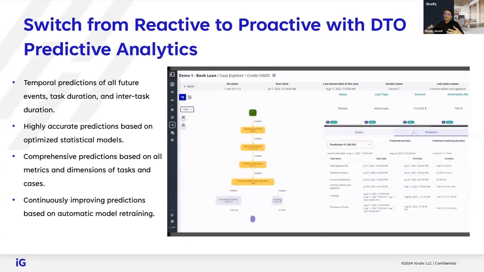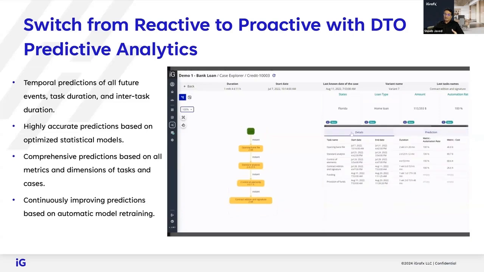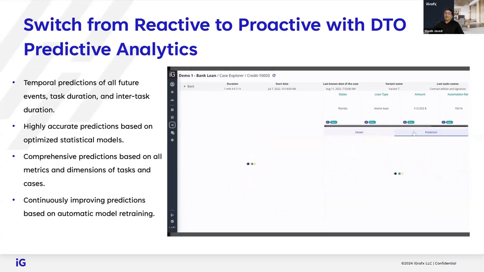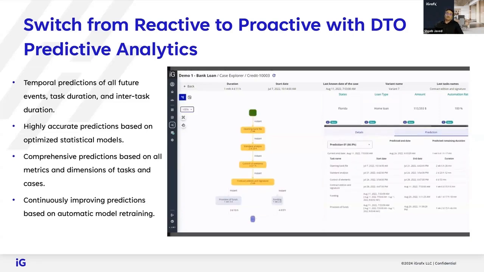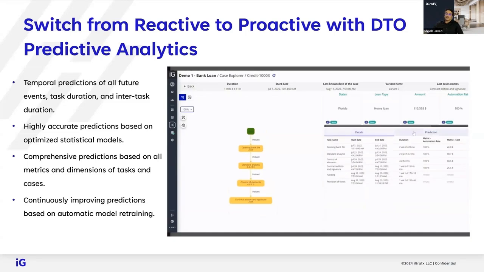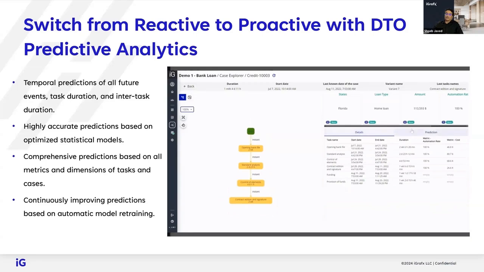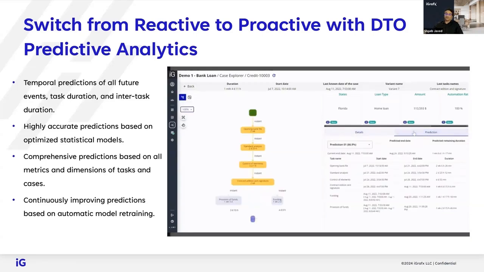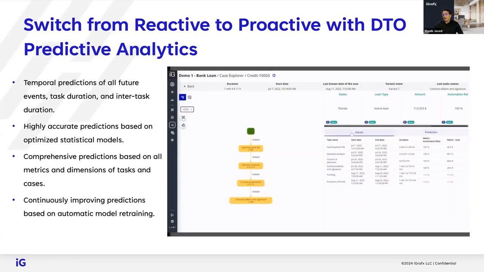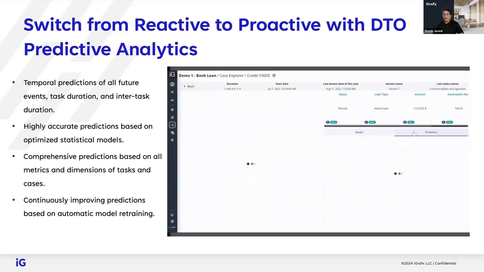So again, this is a continuous process where near real time process data is being fed into systems, and then those systems are telling you what's going to happen, and then you're using that information to actually improve or modify the processes before it's too late, okay? So that's the power of predictive analytics.